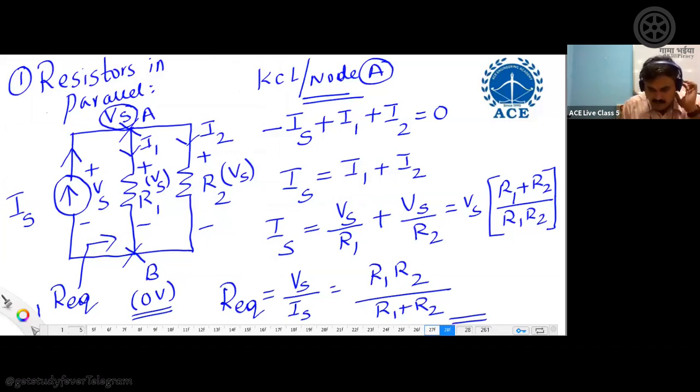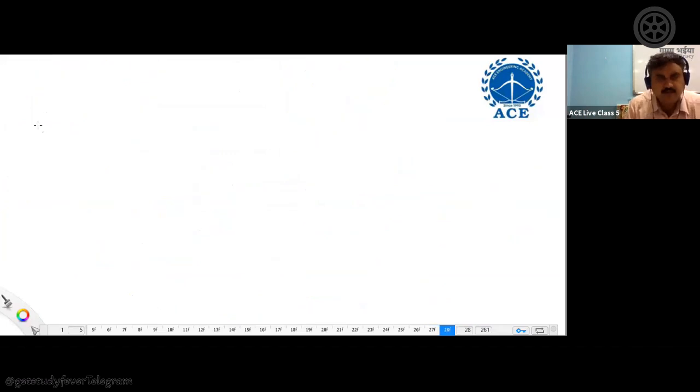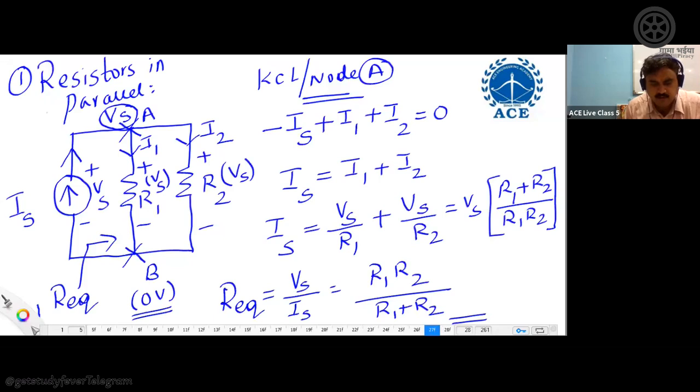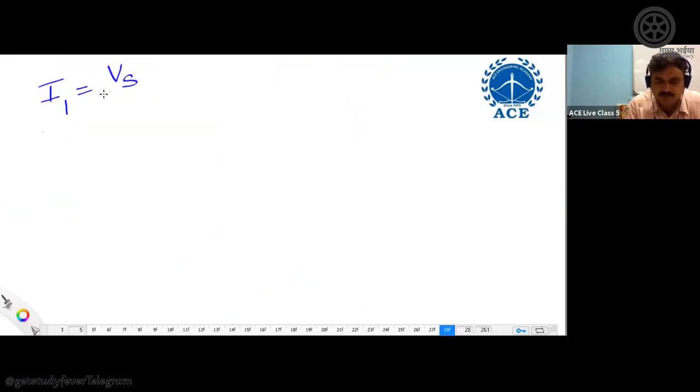Now, what are the currents on each branch? We are saying that current is getting divided. So what is I1? Current on the first resistor R1, I am saying as I1, it should be equal to the value of voltage V. So I1 must be equal to Vs divided by R1. So it will be Vs by R1.